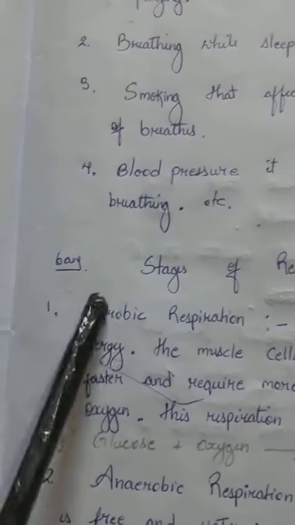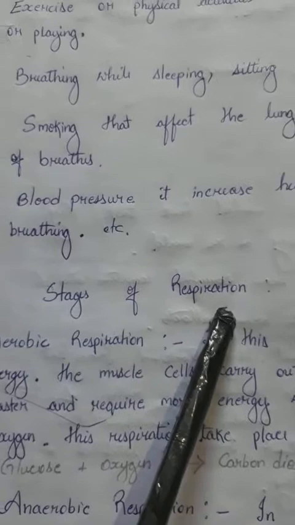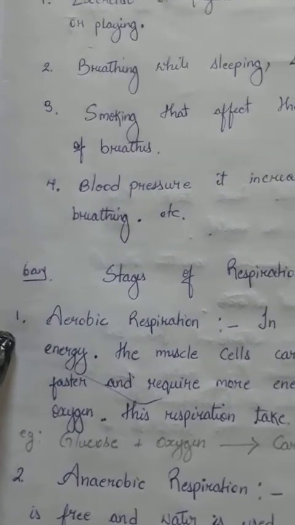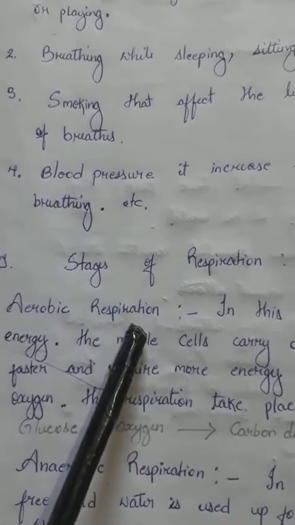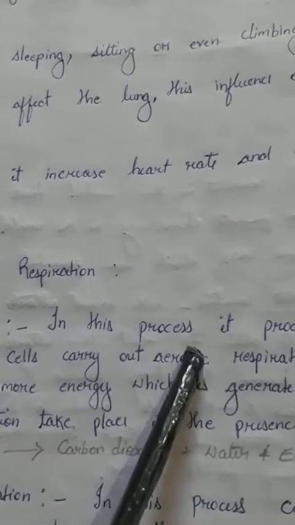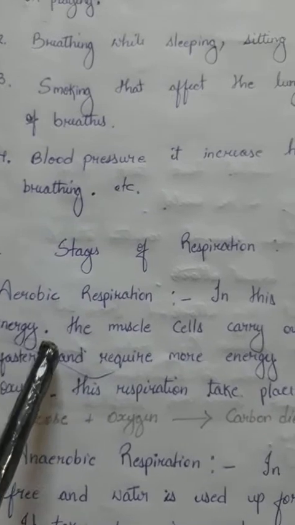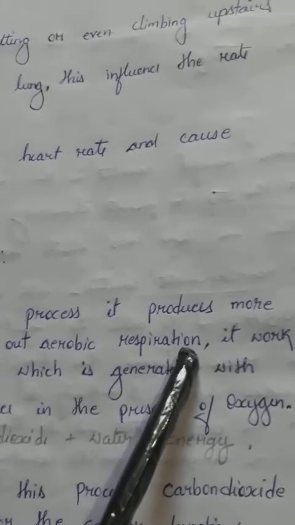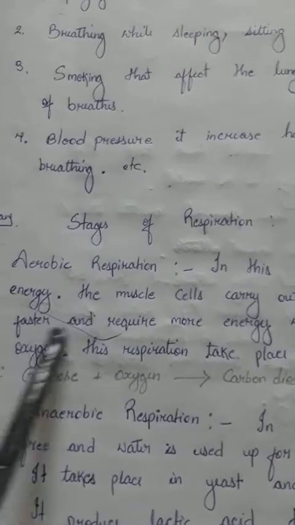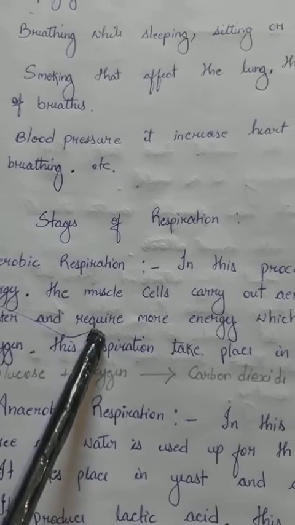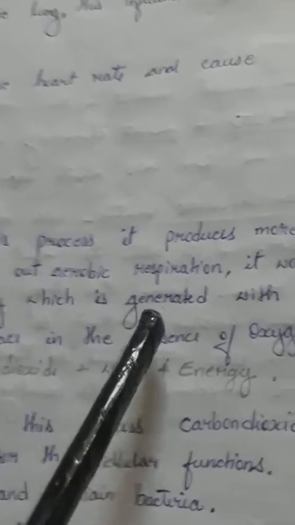The answer, stages of respiration. Number 1, that is aerobic respiration. In this process, it produces more energy. Full stop. The muscle cells carry out aerobic respiration, comma, they work faster and require more energy, which is generated with oxygen.